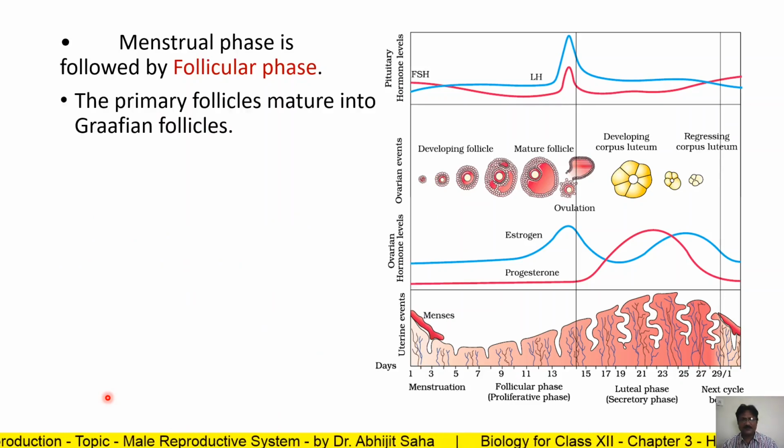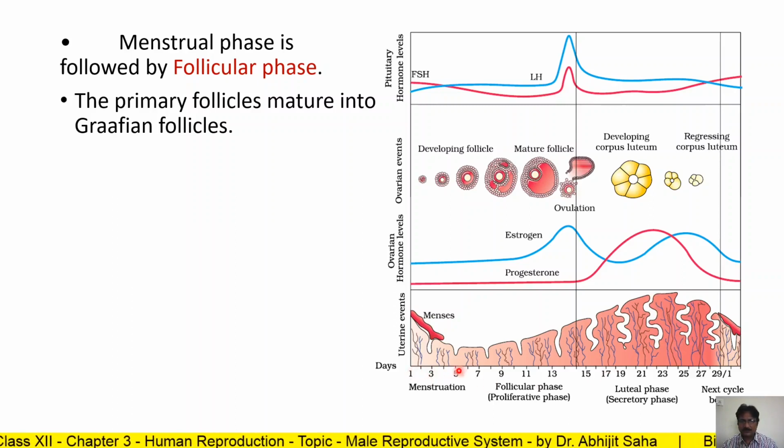Next phase is the follicular phase. Here you can see this important diagram. Within this diagram, several things have been discussed. You see, these are the changes in the thickness of the uterine wall, 1 to 28 days, with the corkscrew-shaped endometrial wall.